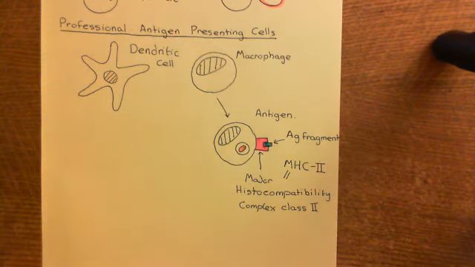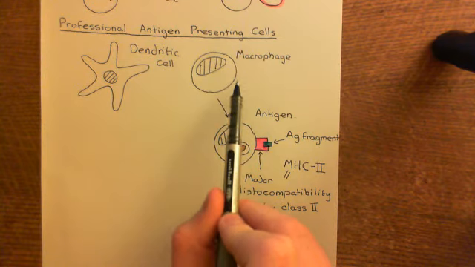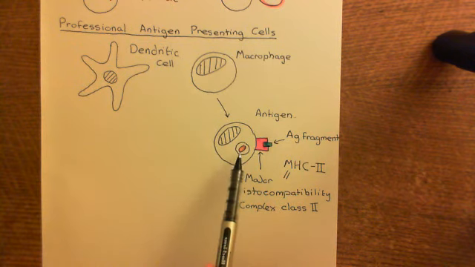Right, okay, so this is the process that you undertake to present a fragment of an antigen of an extracellular pathogen, and I will stress that to express the fragment of an antigen of an extracellular pathogen, you had to phagocytose that extracellular pathogen first, so that you could then break it down.